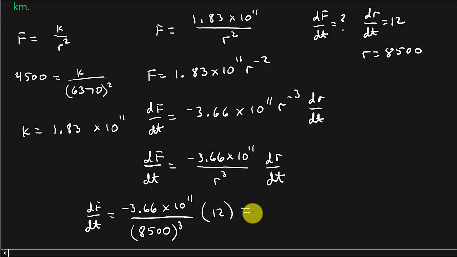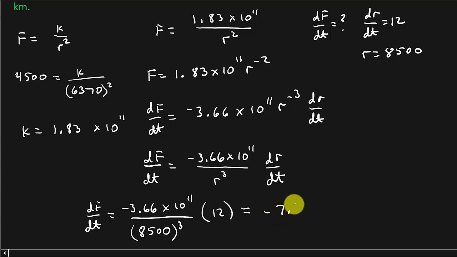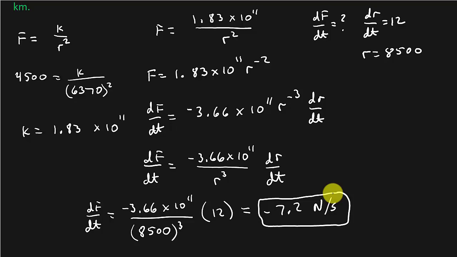And when we put all of that into the calculator, we get negative 7.2 newtons per second. So that means the gravitational force is decreasing at the rate of 7.2 newtons per second. Does that make sense? Well, yeah, we're getting further and further away from Earth, so the gravitational pull would be decreasing.